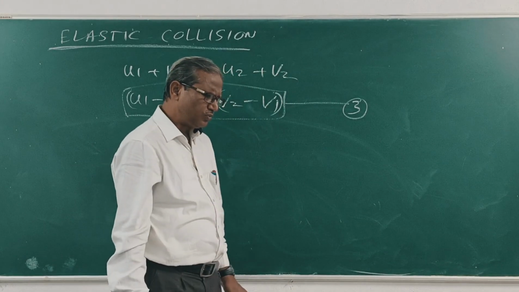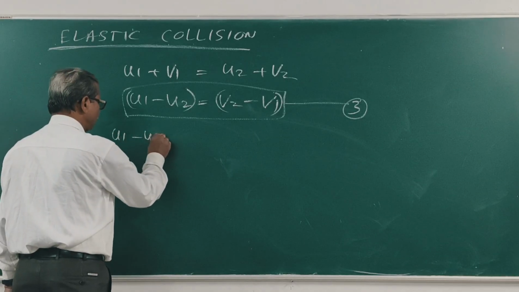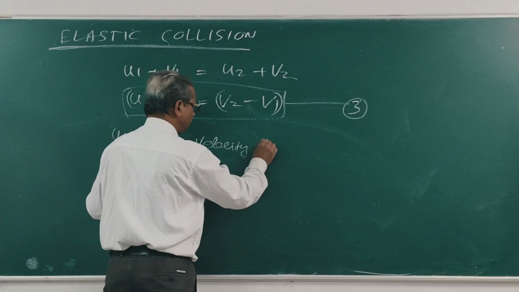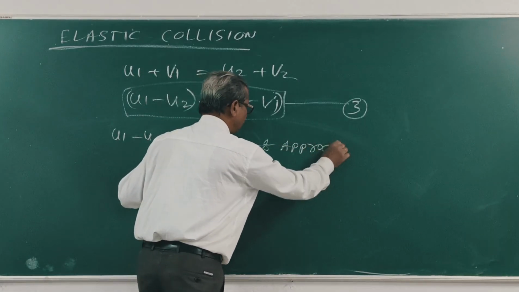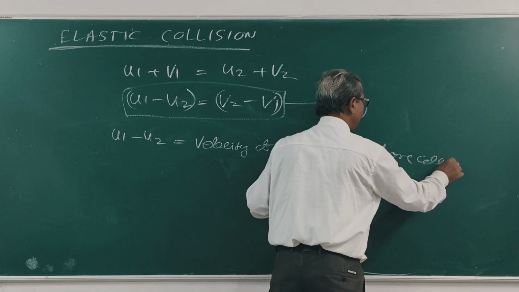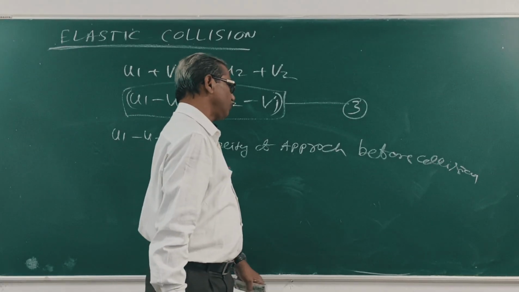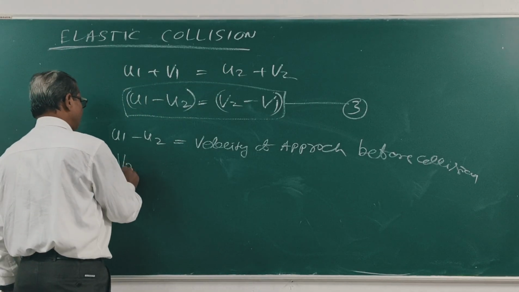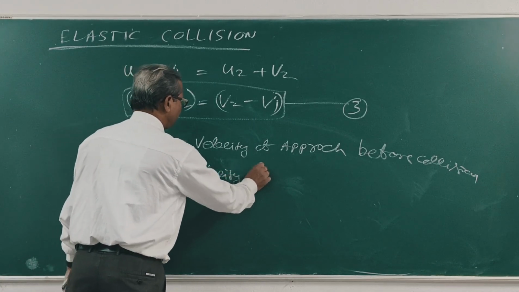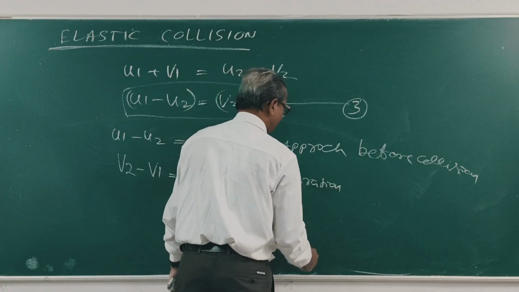So u1 minus u2 is the velocity of approach before collision. What is v2 minus v1? The velocity of separation after collision.